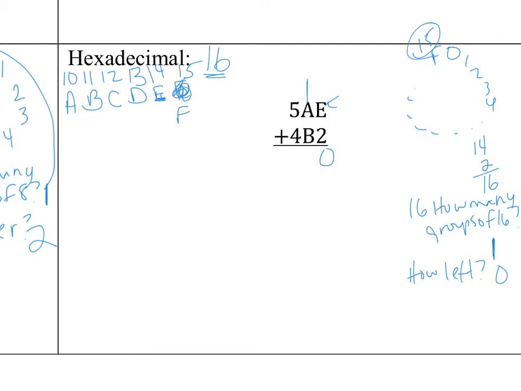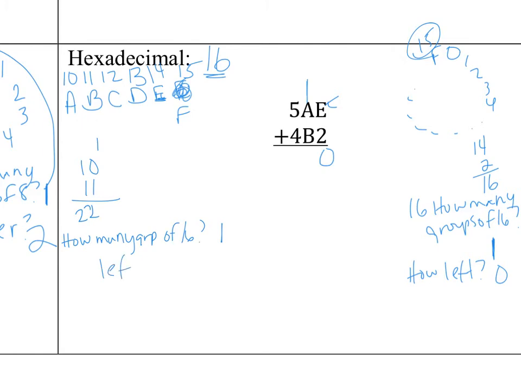We have A and B and 1 to add together for the next column. A is 10, B is 11, so when I add these all together, I get 22. Ask yourself: how many groups of 16? There's only one group of 16 in that.